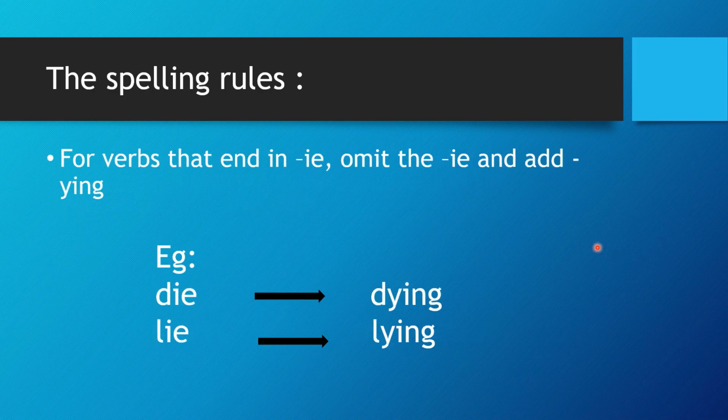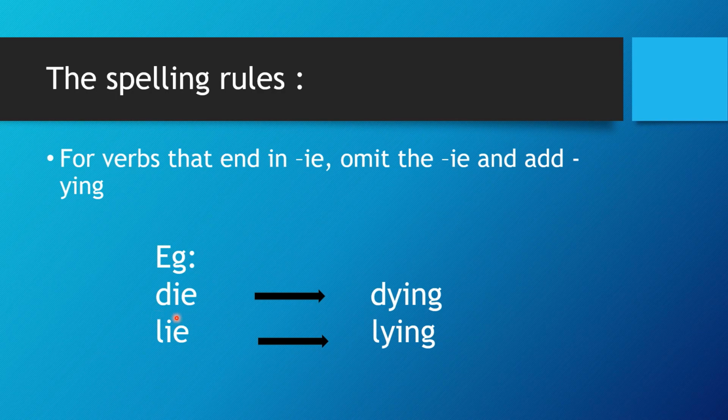Okay, next spelling rule is for verbs that end in IE. So we omit the IE and add YING. Okay, omit the IE and add YING. For example, die. So this verb ends with IE.